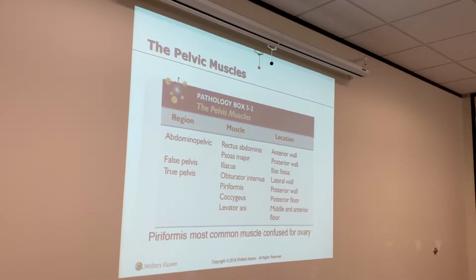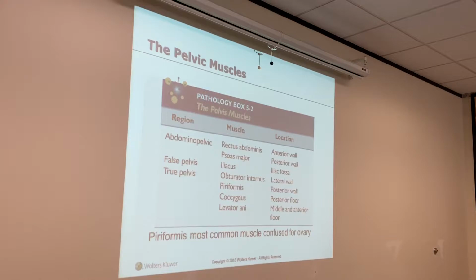You've got the psoas major, which is the posterior wall of your abdominals. Your false pelvis, you have your iliacus and you have your iliac fossa. In your true pelvis, you have your obturator internus, which is the lateral wall. You have the piriformis, which is the posterior wall.